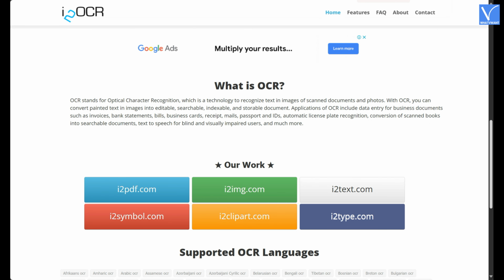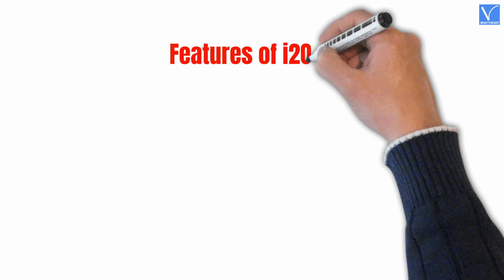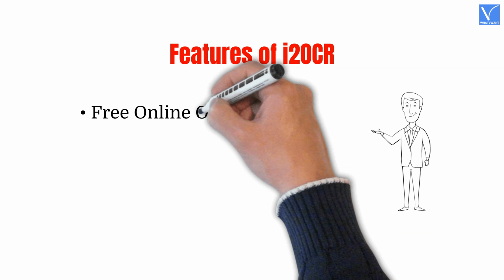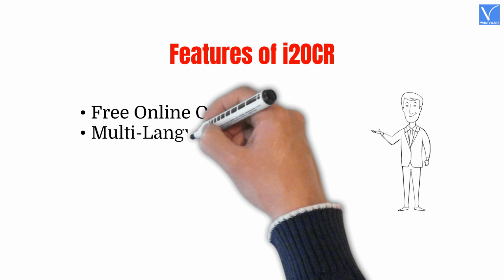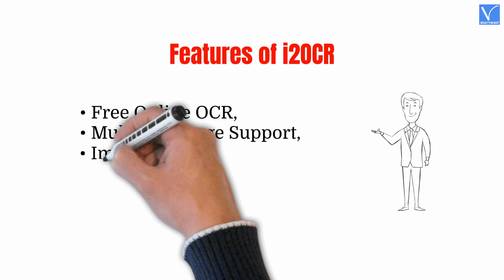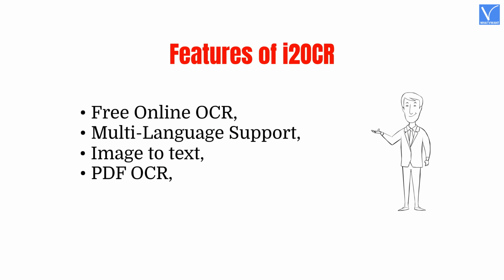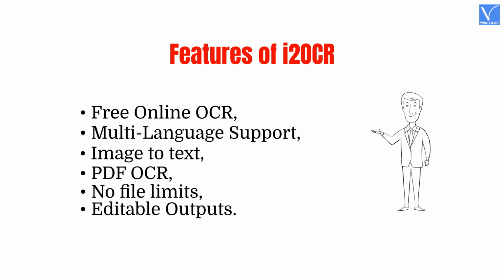I2OCR is useful for digitizing printed documents, converting screenshots, and making text searchable and editable. Features of I2OCR: free online OCR, multi-language support, image to text, PDF OCR, no file limits, editable outputs.